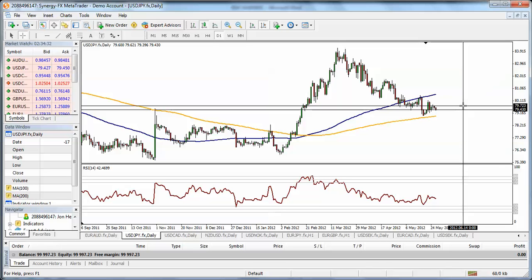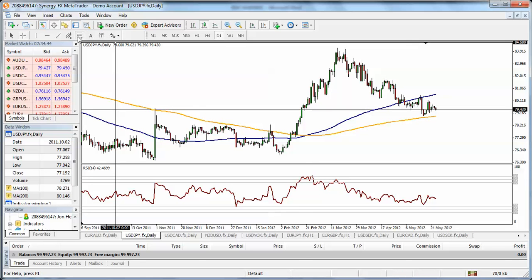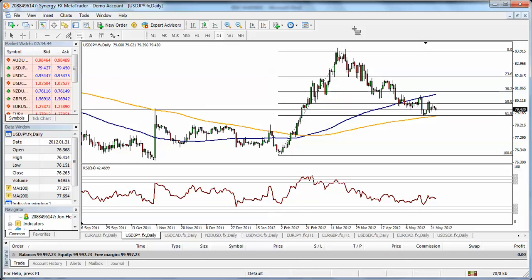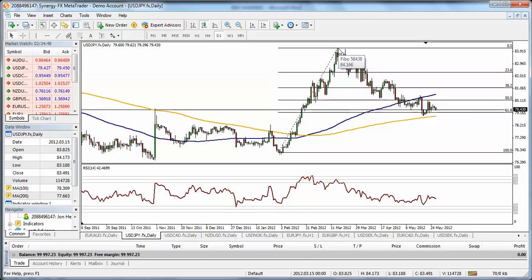So no trades yet from me, but in the next couple weeks, if I do have a bias about whether it's going to push to the upside or the downside, then I will let you know. One thing that is important is throwing out a Fibonacci of this recent up move, which shows that we are just above the 61.8, which is a big level, and we failed to break below that in the past.